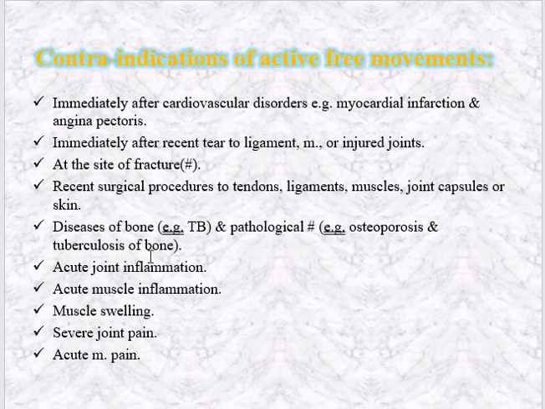Diseases of the bone, for example, TB and pathological conditions such as osteoporosis. If there is acute joint inflammation, then it is also contraindicated. Acute muscle inflammation, muscle swelling, severe joint pain, acute muscle pain: these are all contraindications of the active free movements.